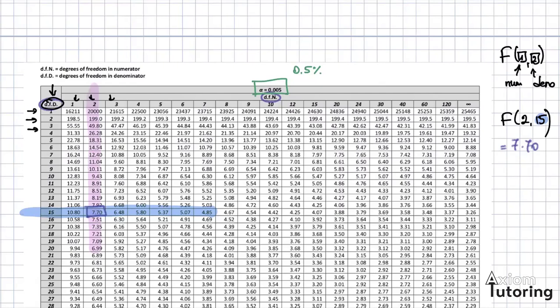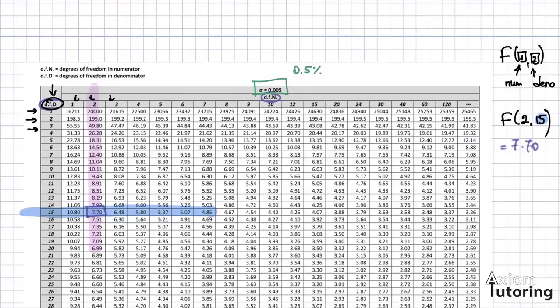The only difference that we clearly see between the t-table and the F-table, though, is that while in the t-table, given a t statistic, we could find the p-value associated with it, in the particular case of the F distribution, we can find only the F value for a particular level of significance. So we can't do the conversion of having the p-value associated with it and then directly find the F statistic, because as I said, we're going to have multiple tables that we're going to have to scour through. Okay.